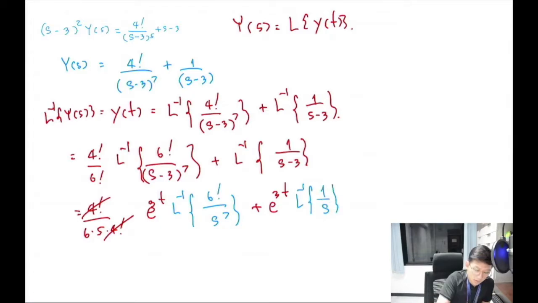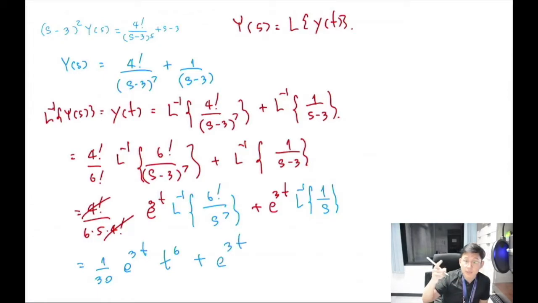And that would be 1 over 30 e to the 3t times the inverse Laplace transform of 6 factorial divided by s to the 7, that would be t to the 6, plus e to the 3t, and the inverse Laplace transform of 1 over s, that would be 1. If you look at that from the table. And that is the solution.